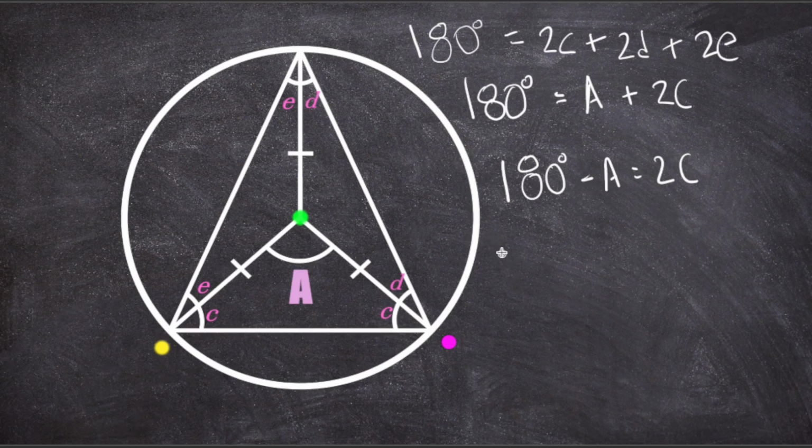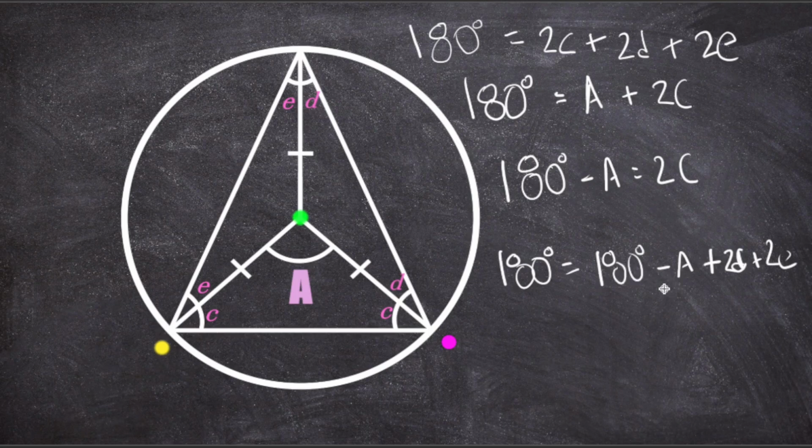Then we can make a substitution using this value into this equation. So if we rewrite the top one, 180 degrees equals 2C, well, 2C is 180 minus A, plus 2D plus 2E. Because we're trying to compare A with this angle up here, let's get A on its own.